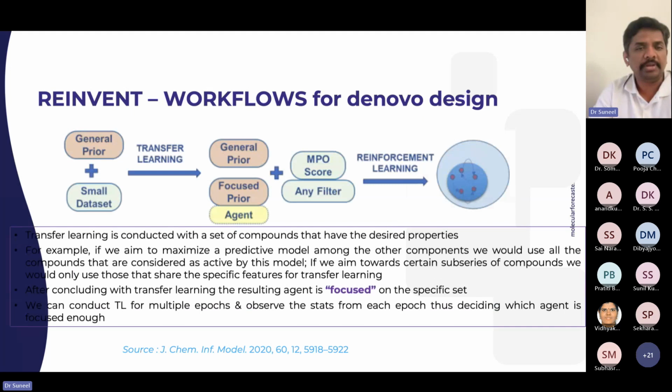The next one is where we use reinforcement learning. It's the same thing: general prior plus a small dataset. It can be a target dataset or a family dataset. Then we use transfer learning where we have both the general prior and the focus prior.